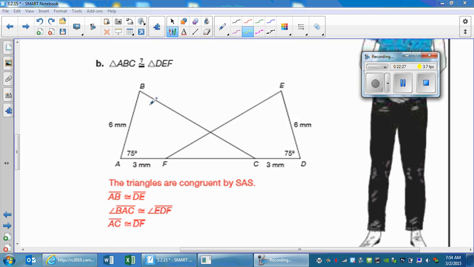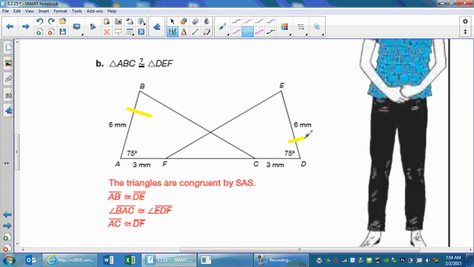All right, so here we have side, angle. Remember, it has to be the angle in between the 2 sides that you have, and side. And then the rest of the thing is here, but you know this is equal to that piece, and this is equal to that piece.